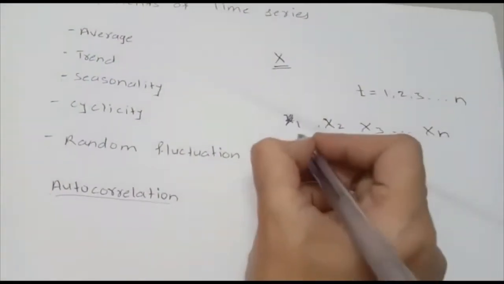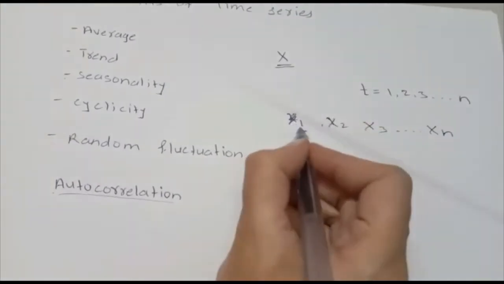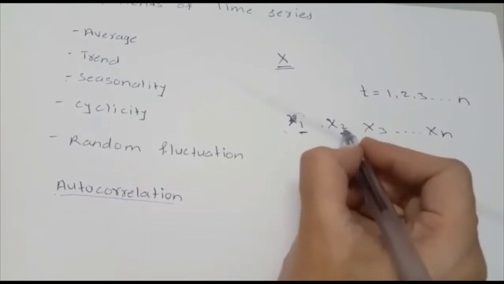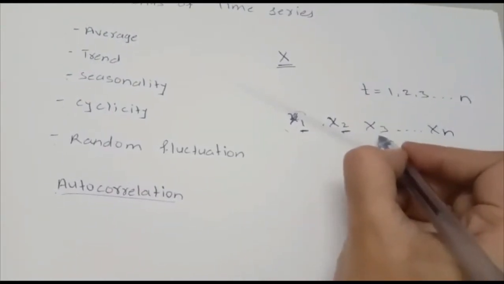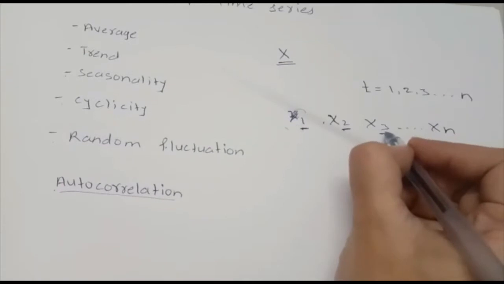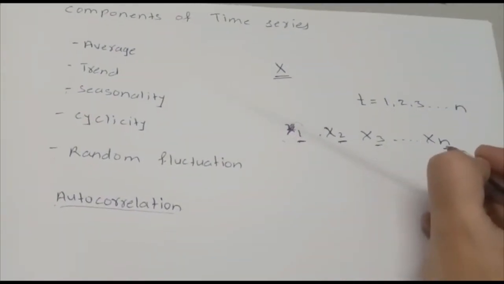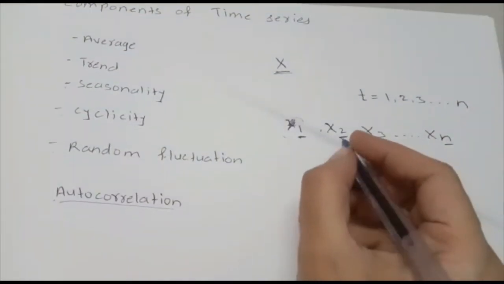It means that at time t1 the value of x is x1, at time t2 the value of x is x2, at time t3 the value of x is x3, and at time n the value of x is xn, and this is known as a discrete time series.